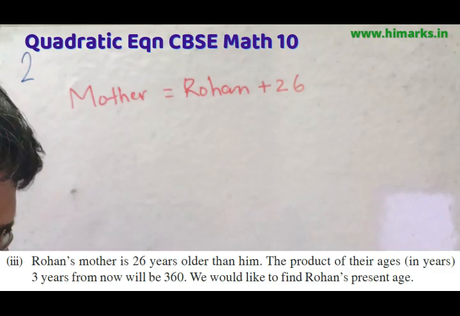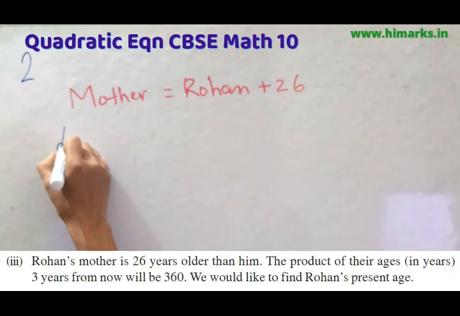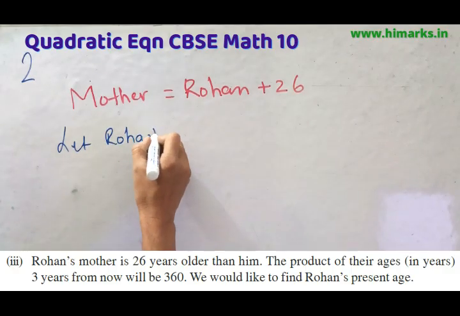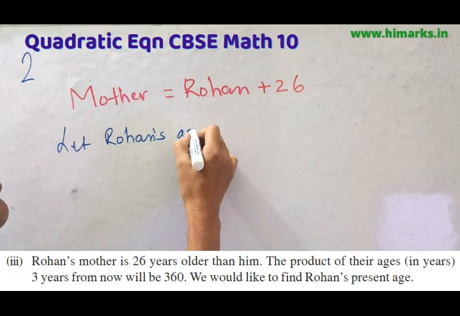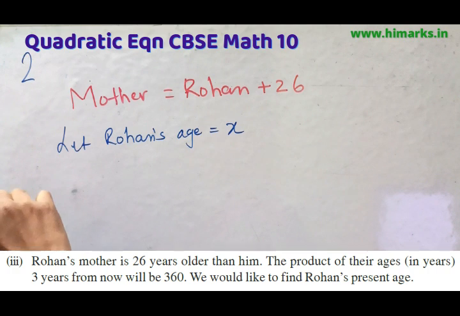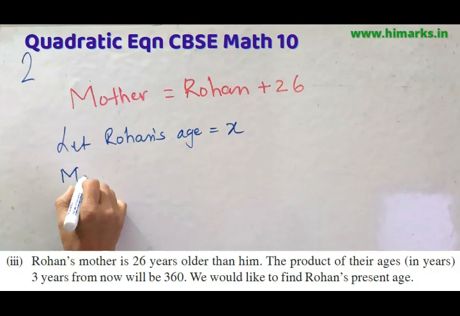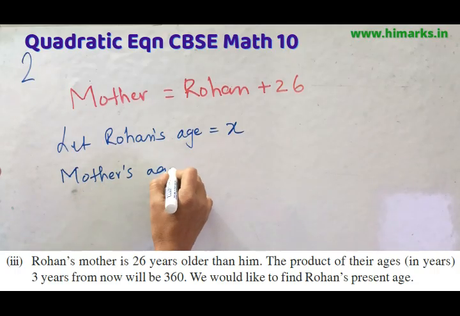As I told you, whichever is the smaller, you have to take as x. So let Rohan's age be x. So Rohan's mother's age will be x plus 26.